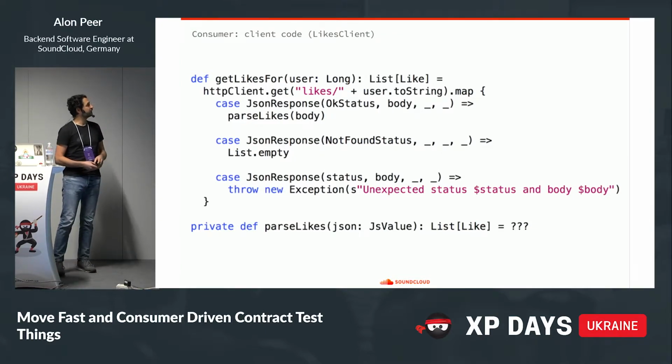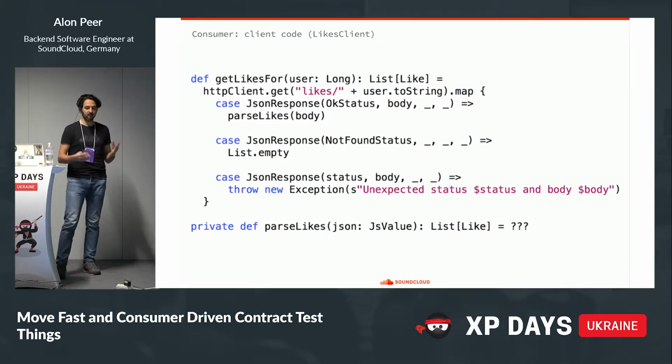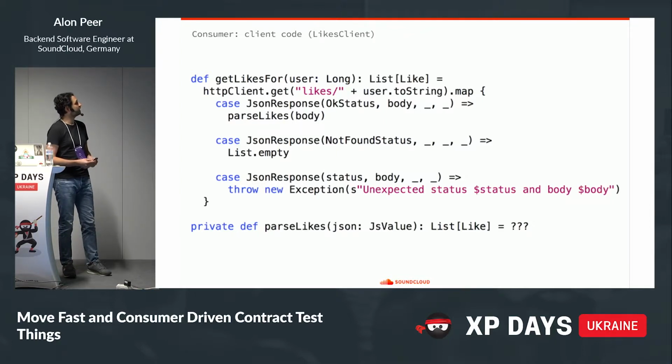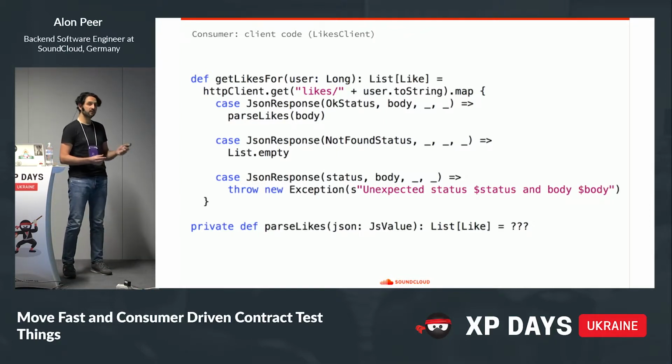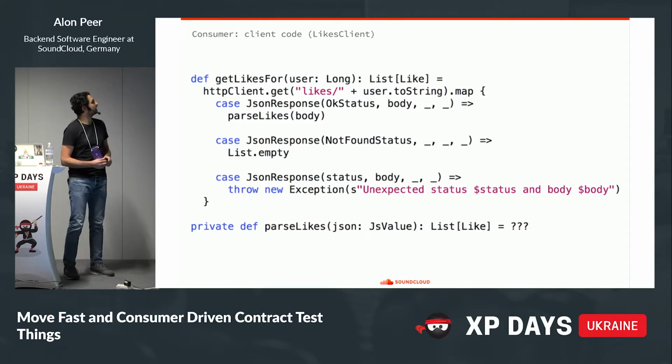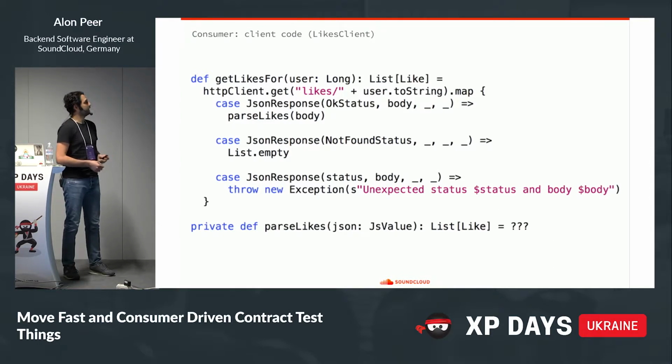We have a service. Our provider service will be the likes service. It's a service that allows users to like a track. And this service has a consumer, some service that uses it to basically relay requests from users to like tracks. In this case, what I have is an integration with the GET endpoint, the get likes endpoint on that likes service. So we see our likes client. This is the code on the consumer side that has this method, getLikesFor.